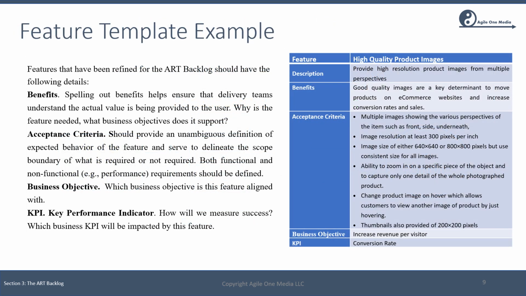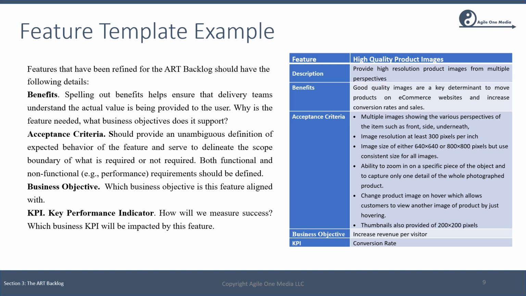So here we elaborate on the previous discussion about high resolution product images to support the business objective of increasing revenue per visitor. We have a set of benefits articulated which talk about the fact that good quality images support increasing conversion rates and sales.